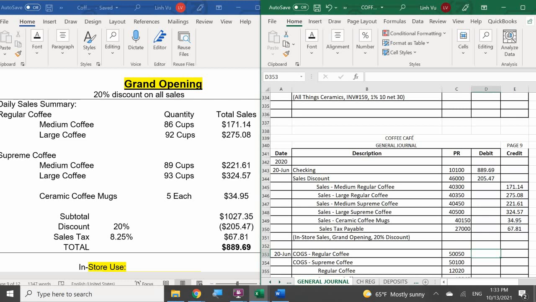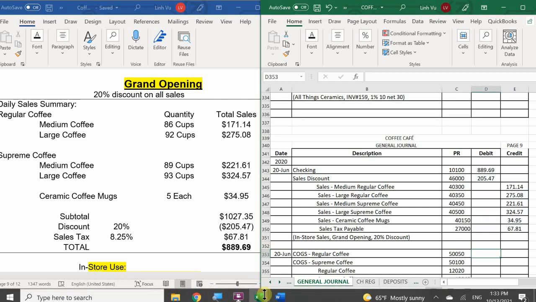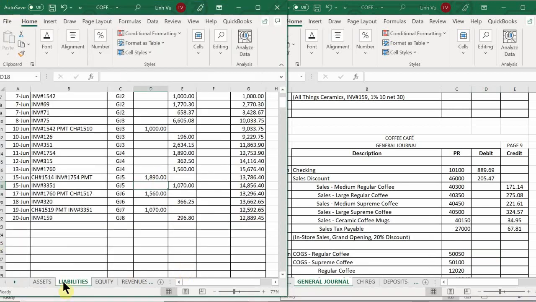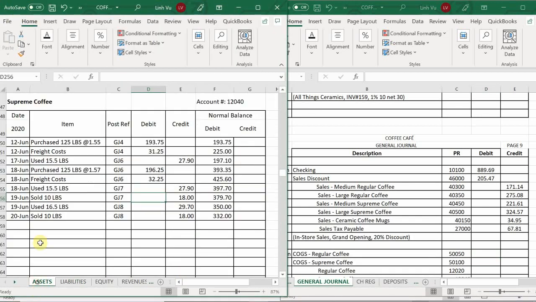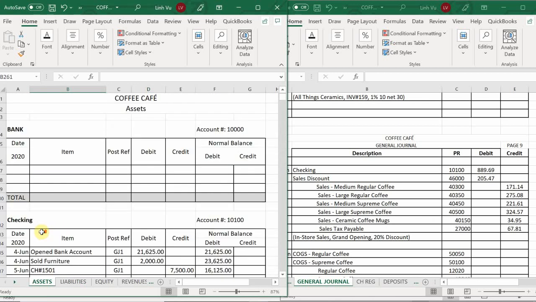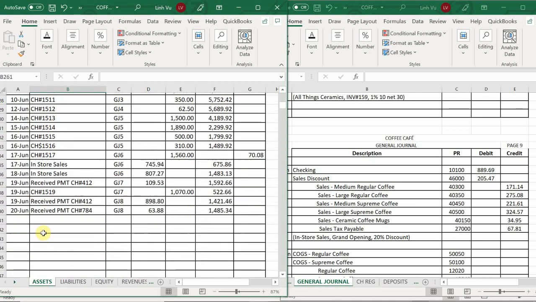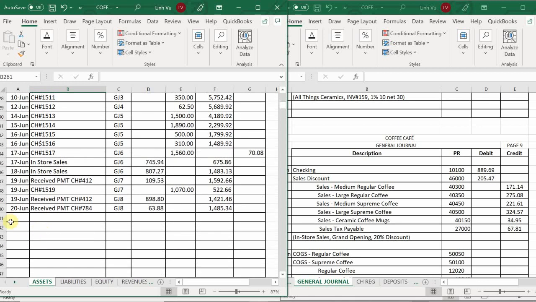Okay, so we go into the ledger. The ledger, starting off first with our checking account. Got it. Okay, let's see. So we have 140.85.